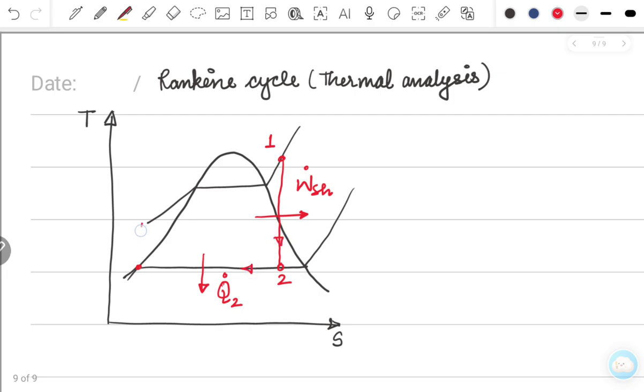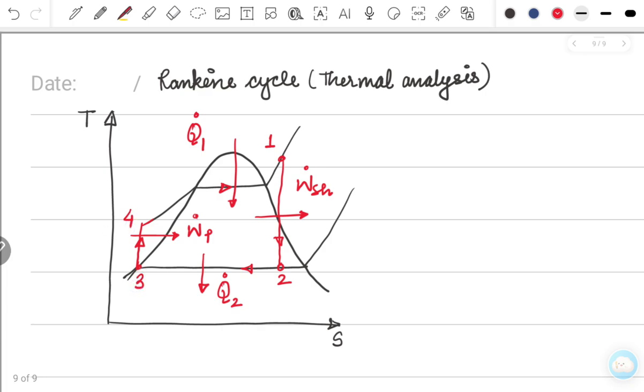Then comes reversible adiabatic compression, which happens in the pump where we supply the pump work to increase the pressure of water. And then the isobaric heat addition in the boiler.